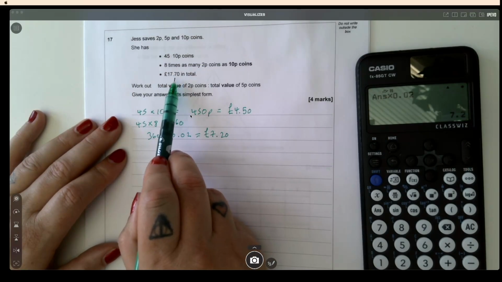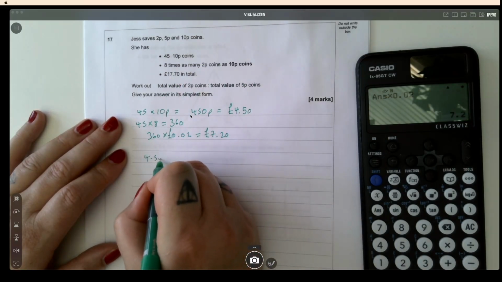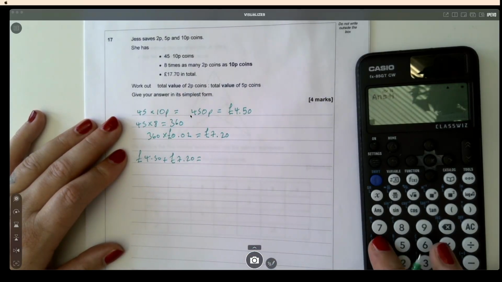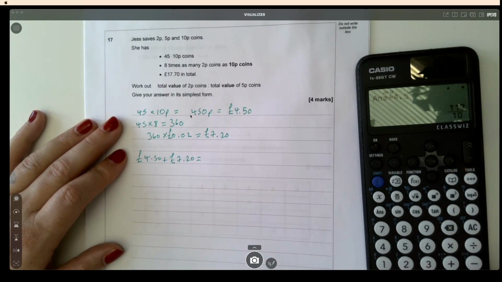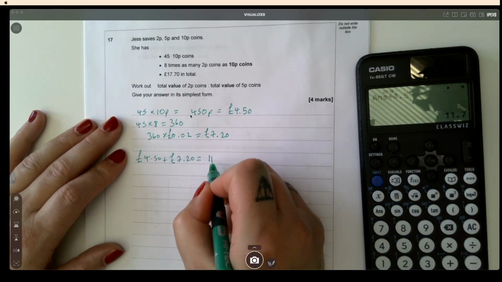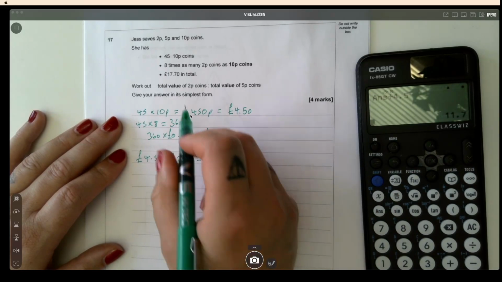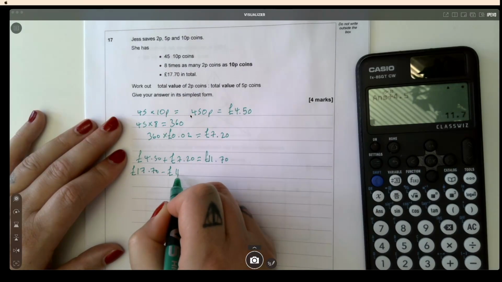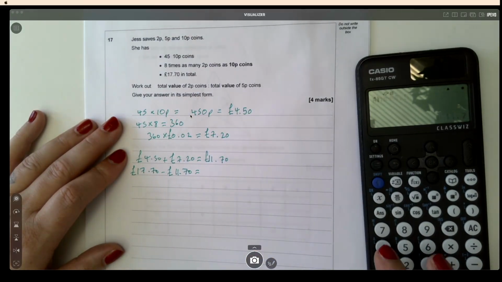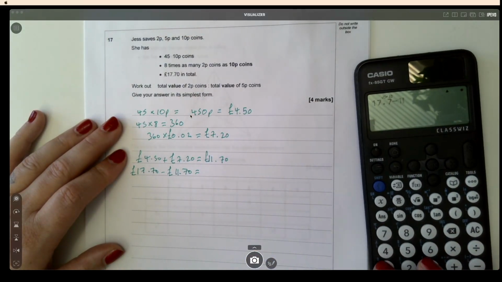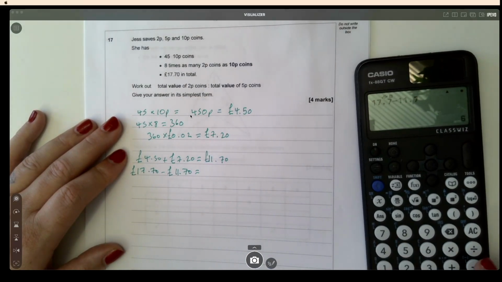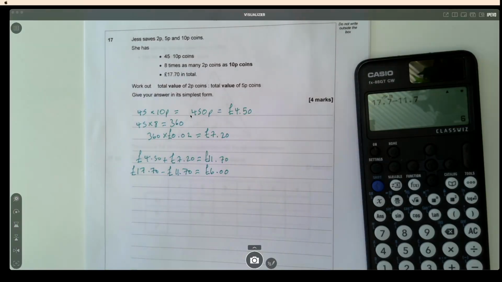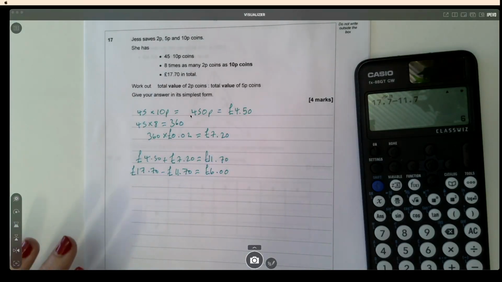And we're dealing with a £17.70 total. So £4.50 plus £7.20 is £11.70. So if I subtract that from £17.70, that leaves me with £6 that will be in 5p coins.